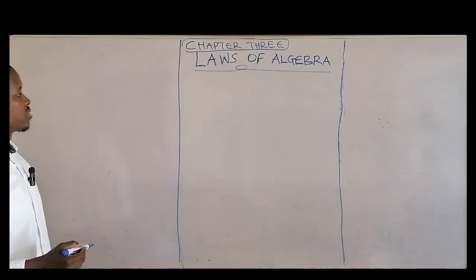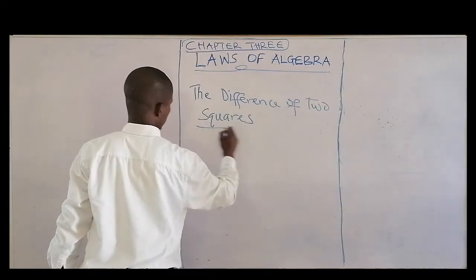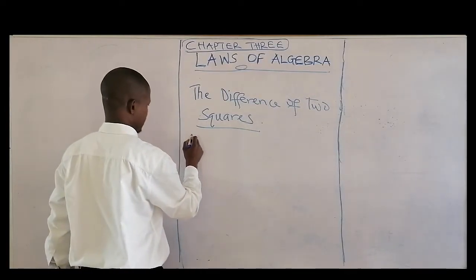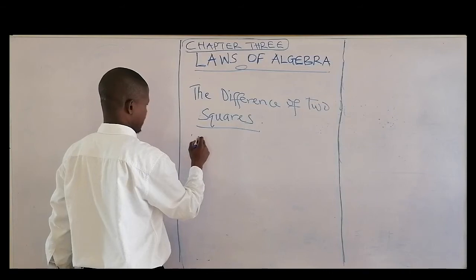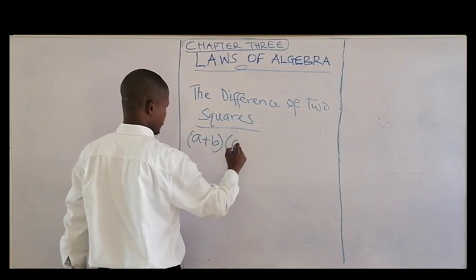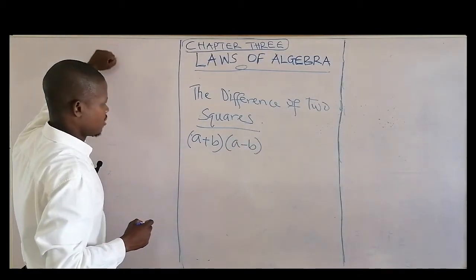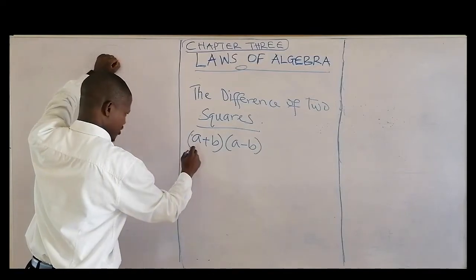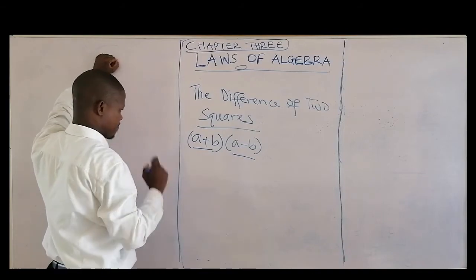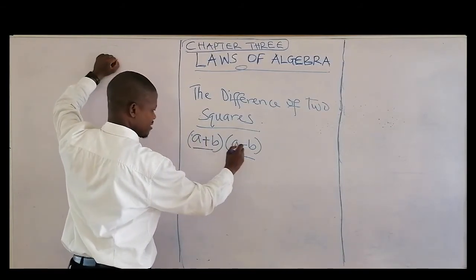Yeah, the next thing we want to look into is what we call the difference of two squares. Let's consider this expression, a plus b and then a minus b. When you're discussing difference of two squares, the expression here and here must be the same, but they must have opposing sign.